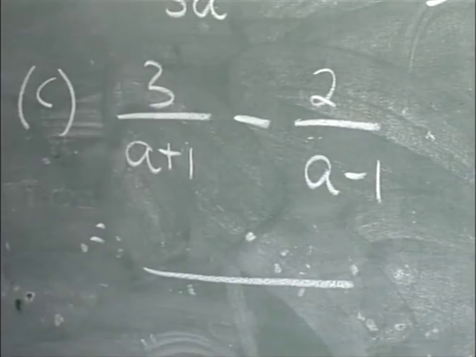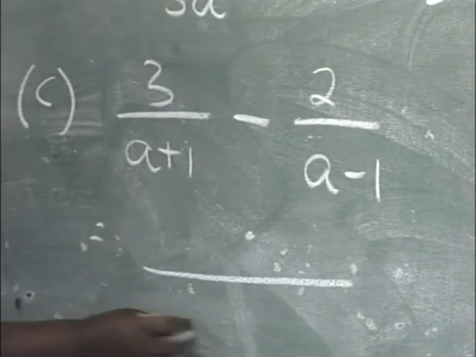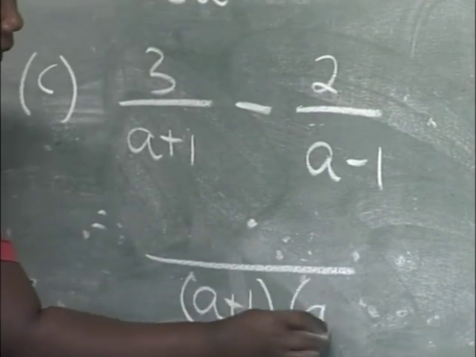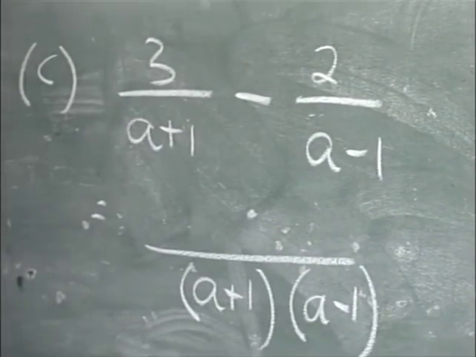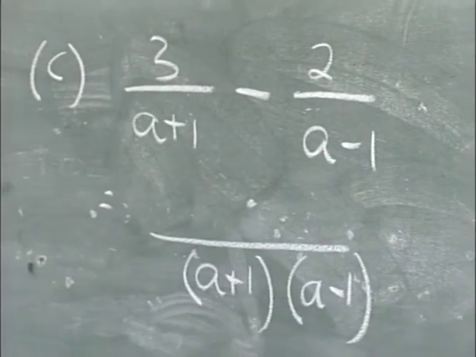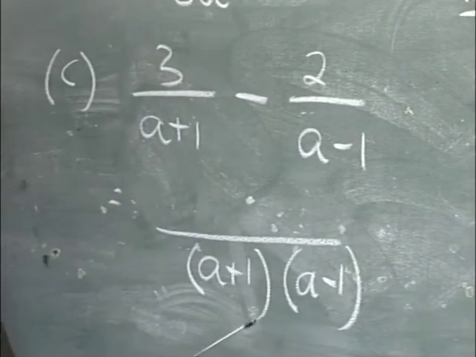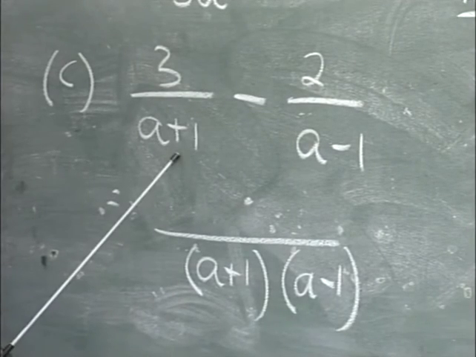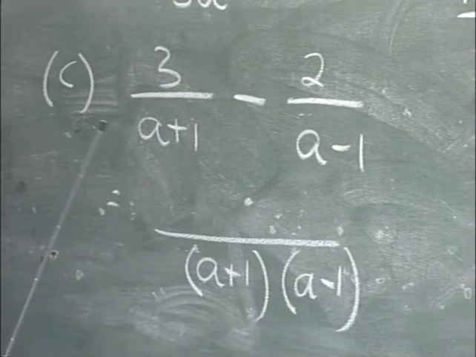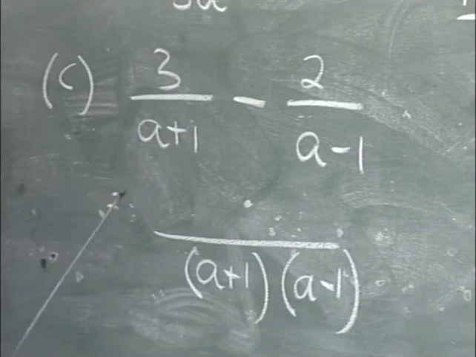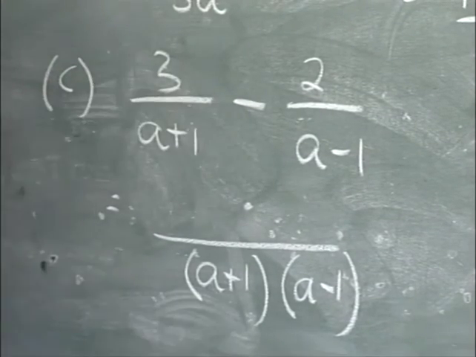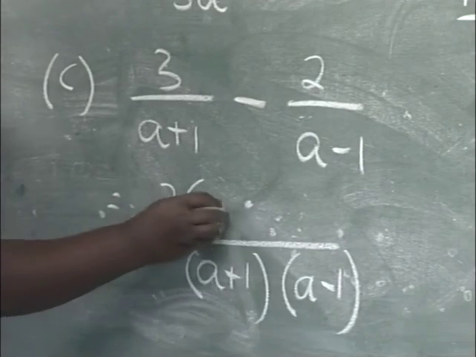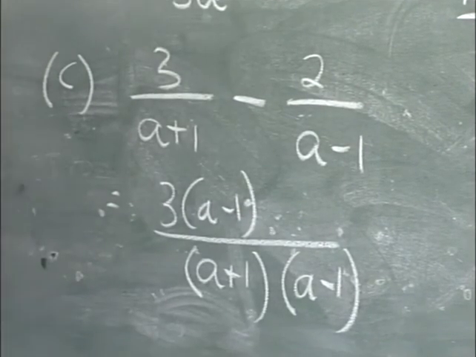So the lowest common multiple is A plus 1 multiplied by A minus 1. Then you divide. A plus 1 divided by A plus 1 will leave me with A minus 1, and I multiply it by 3. So 3 times A minus 1.